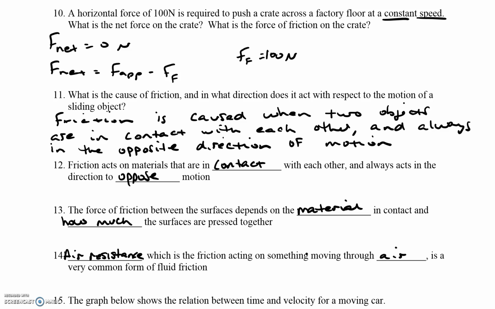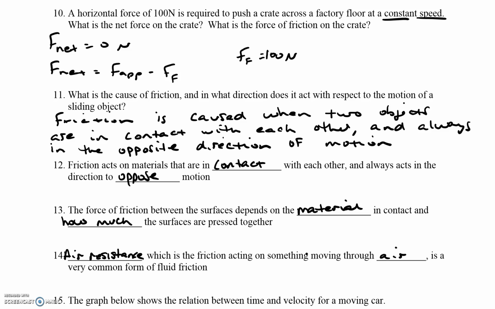Number 12 says friction acts on materials that are in contact with each other and always acts in the direction to oppose motion. And that came right from the reading in the textbook. Number 13 says the force of friction between the surfaces depends on the materials that are in contact and how much the surfaces are pressed together.